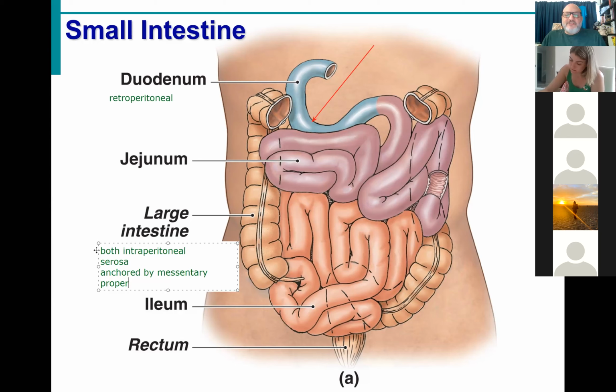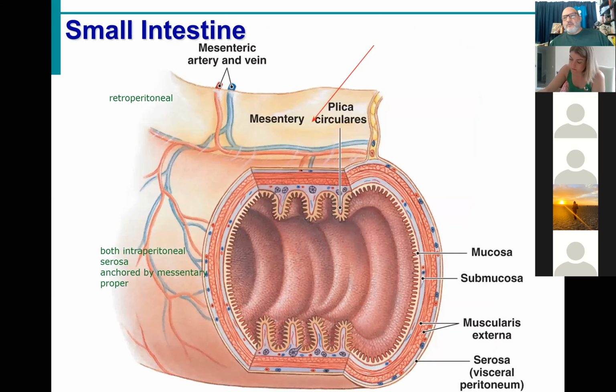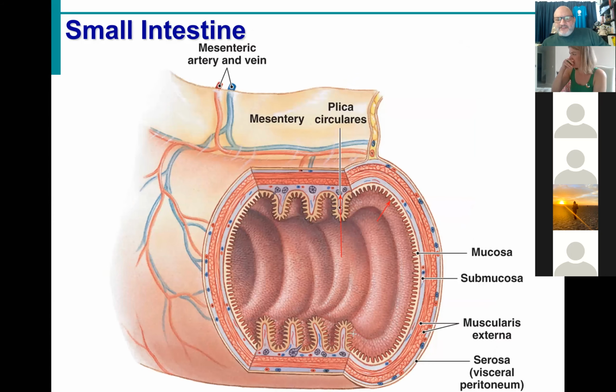Obviously, from a gross anatomy standpoint, that's an easy way to distinguish them, but we want to do it histologically as well. And here's some more pictures. Again, doing a nice job. Notice, again, these illustrations do a great job of showing both the circular folds, which involve both the mucosa and the submucosa, and the villi, which just involve the mucosa. But remember, on top of those, lining those villi, are those absorptive cells with the microvilli.